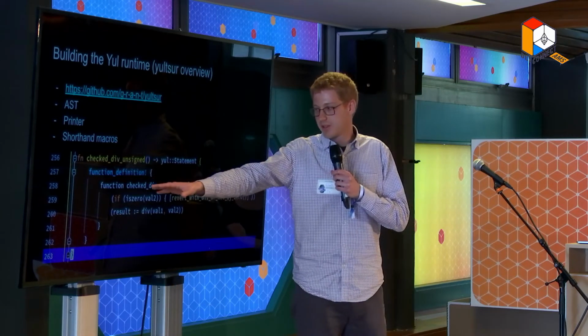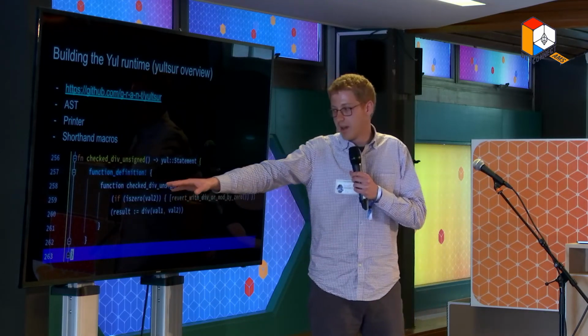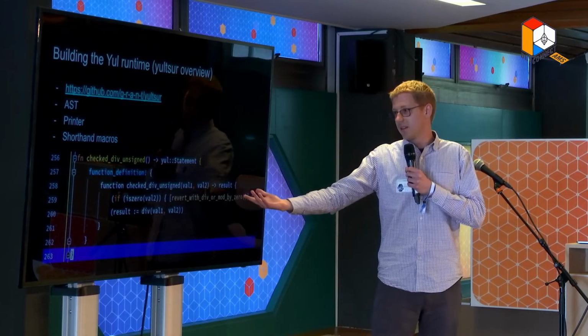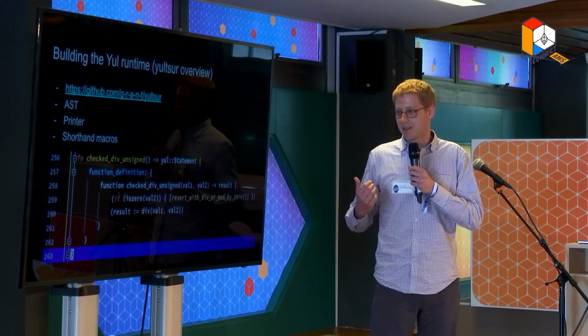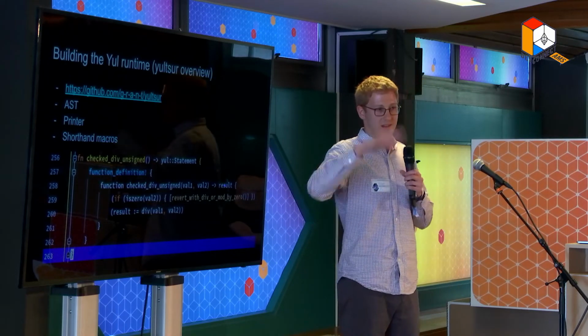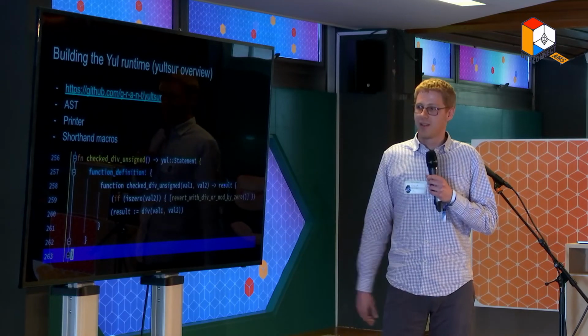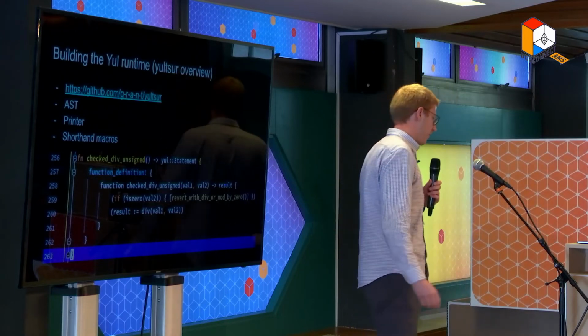In this case, we have a function definition, and we're basically writing Yul by hand, adding in an instance that's known at runtime, and expanding this into an AST object that would take 50 lines or so to write. So this is extremely useful.